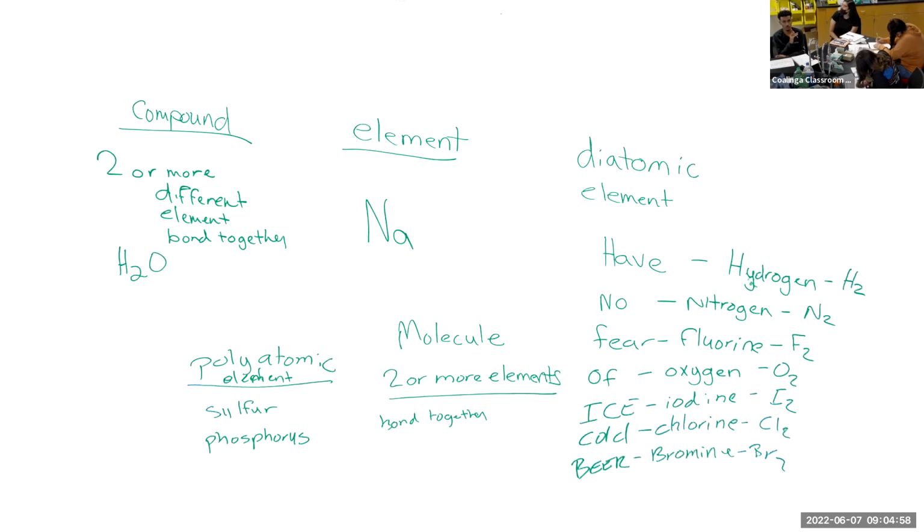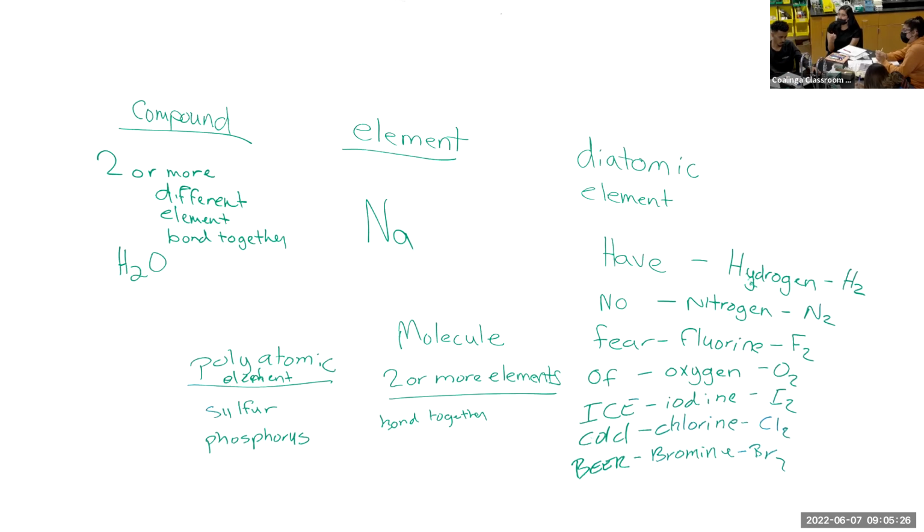Two or more elements bonded together. How's that different from a compound? Was that the question you were going to ask? Yeah. Okay, then I want you guys to tell me, how's that different? It doesn't say that they're different or not. So is this a molecule? Yeah.